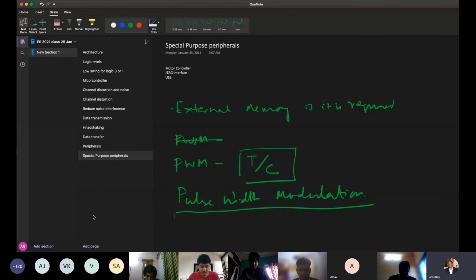So all of you make a homework: audio amplifiers using PWM. What is this audio amplifiers?